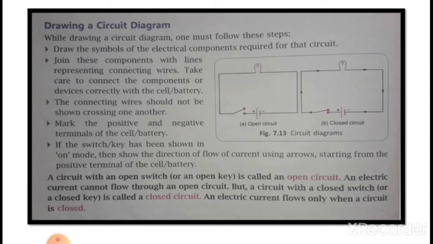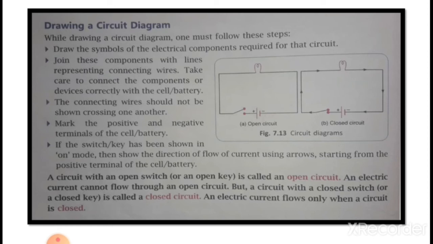If the switch or the key has been shown in on mode, then show the direction of flow of current using arrows starting from the positive terminal of the cell or the battery. So these are the steps we have to take care of while drawing a circuit diagram. First, you have to draw the electrical components using their symbols, and connect them using connecting wires, and no wires should be crossed.